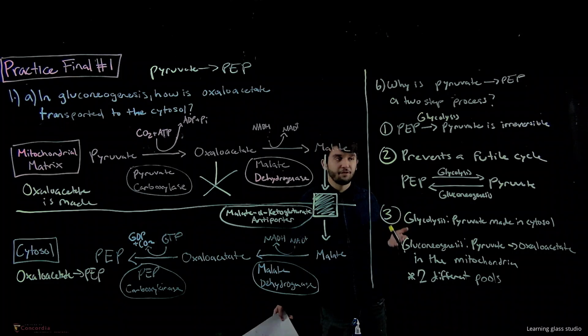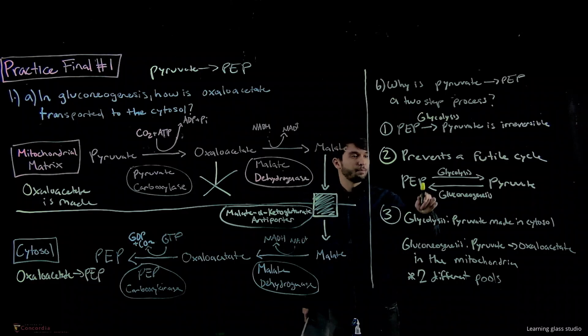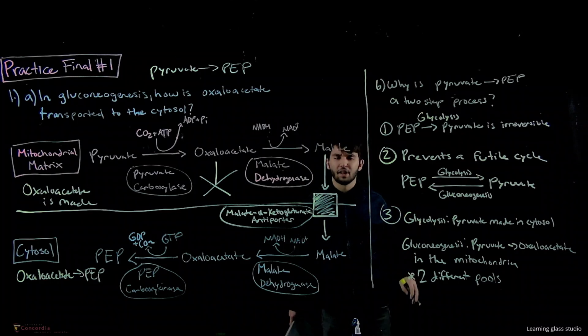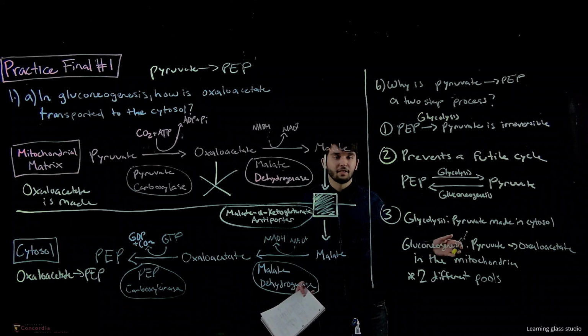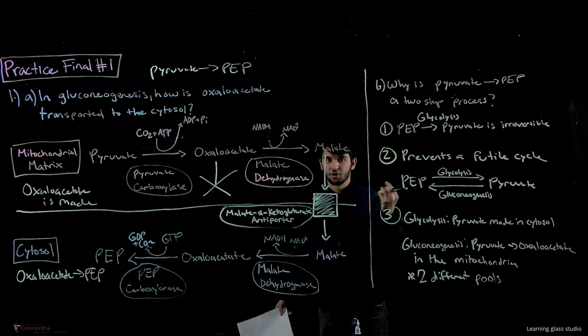But why does it specifically have 2 steps? This is preventing a futile cycle. We'll describe this a bit more in the next question, but a futile cycle is essentially a reaction that is reversible, where once a product is made, it is completely used up because the reaction is reversible.